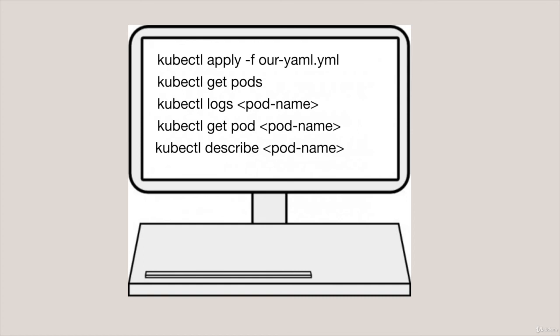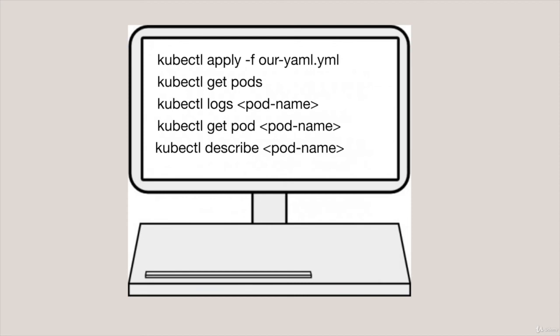A few common commands will be running as well. One to get pods, that will list the pods and all of the containers running inside them. If we want logs for a particular pod, then we use the kubectl logs command. If we want to get the information, the YAML back out of Kubernetes, we can use kubectl get pod and then the pod name.